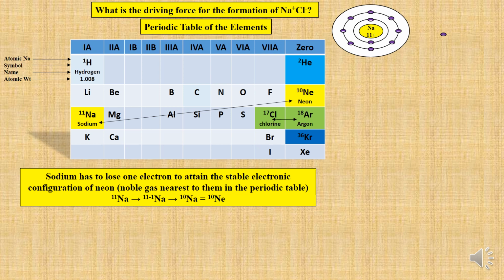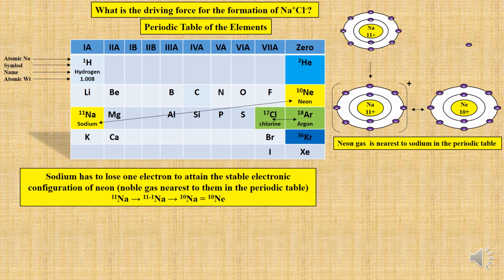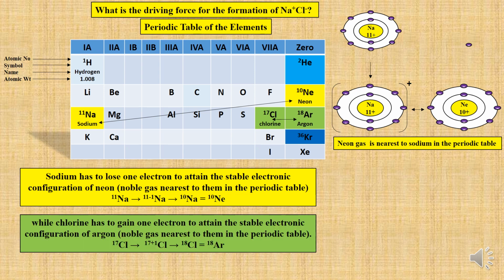Sodium loses its outermost valence electron, resulting in formation of a sodium ion, and the sodium ion has exactly the same electronic configuration as that of neon. It is a stable inert gas, and this is because neon gas is nearest to sodium in the periodic table.